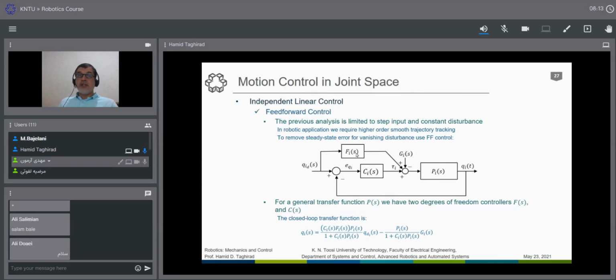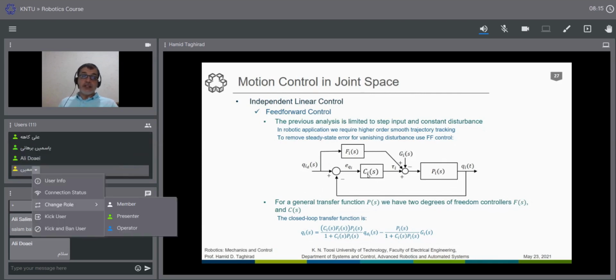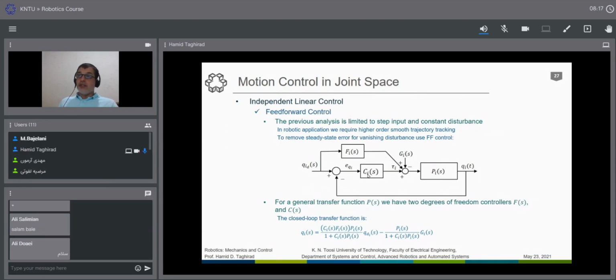Here we have a 2 degree of freedom controller, we can say, or 2 independent controllers. Before we had only one controller. Usually in a control system we have only one controller, and so we have limited freedom. If it is a second order system, for example the final closed loop system, we can fix only 2 parameters.